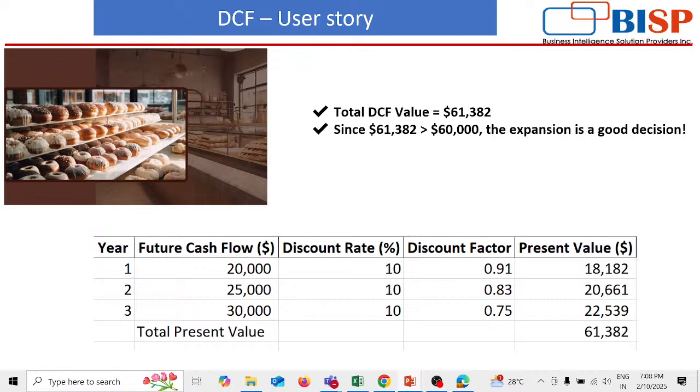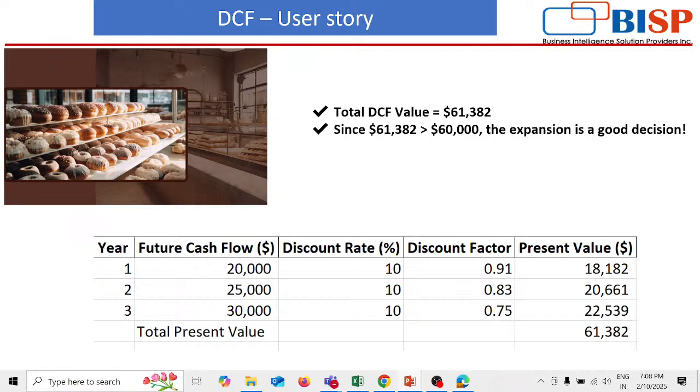For the first year it would be $20,000, second year $25,000 and finally third year would be $30,000. These are his estimated future profits, distributed over the next 3 years.